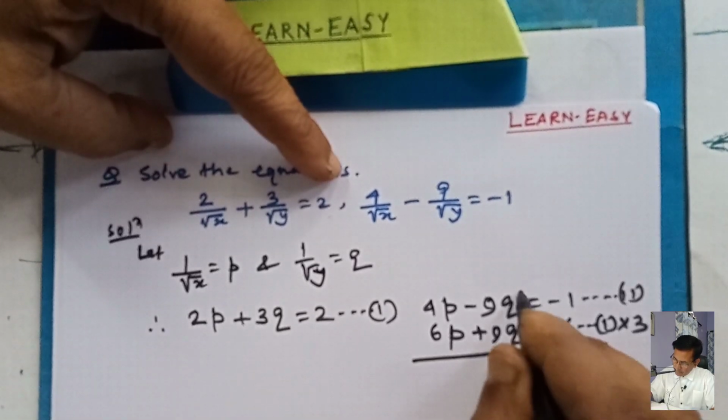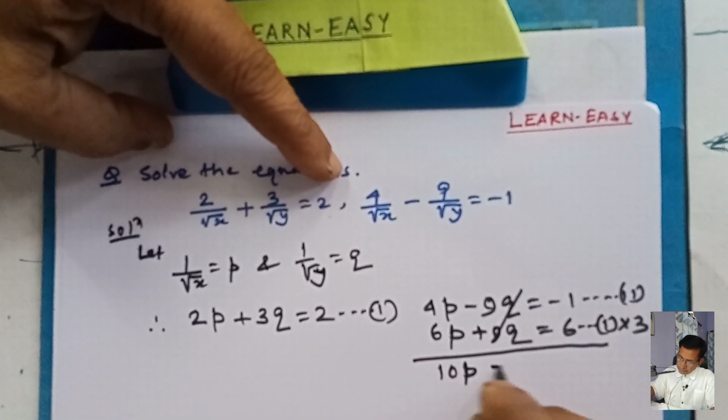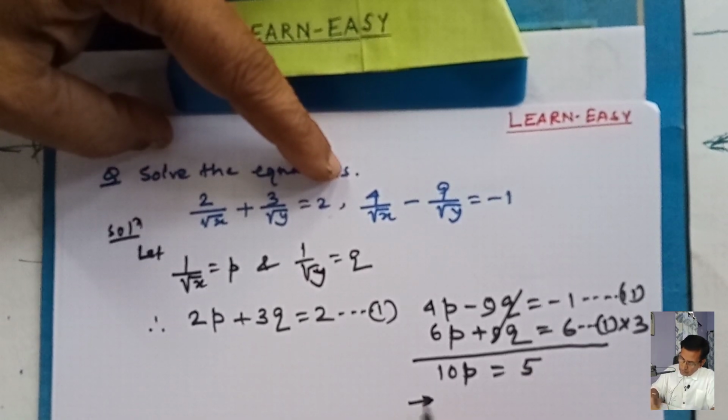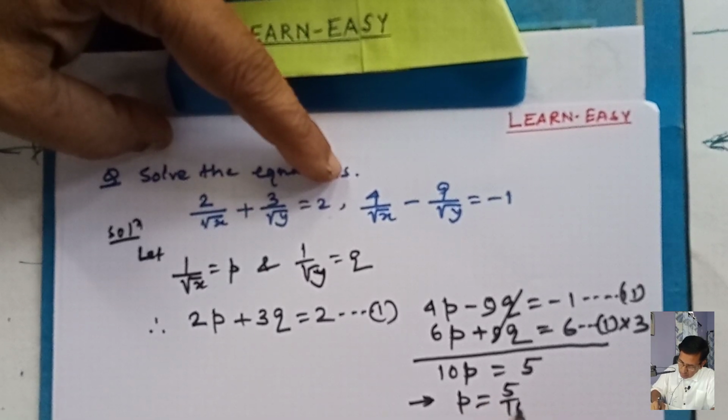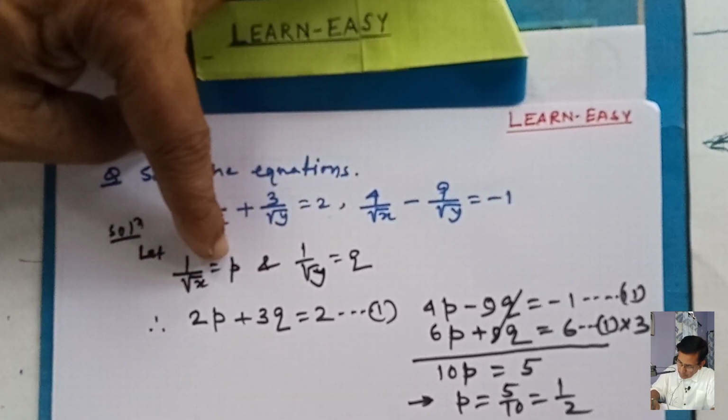If we add these equations, this will cancel. Then 10p is equal to 5, or p is equal to 5 by 10 is equal to half. So when p is equal to half, we have assumed that 1 by root x is equal to p.